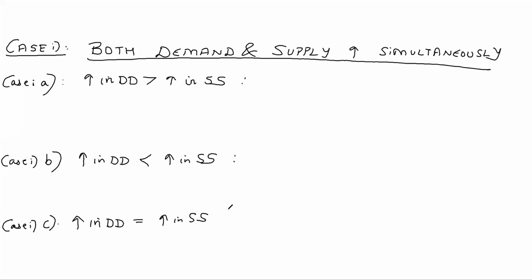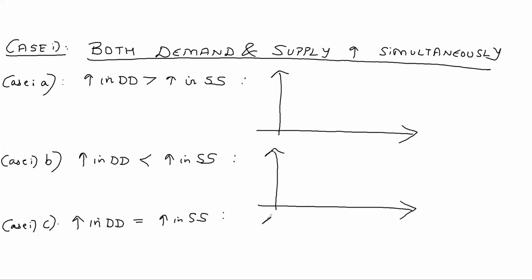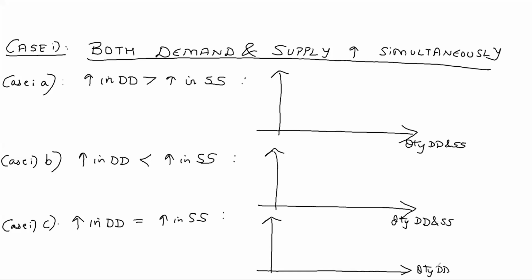So guys, if we draw diagrams, you can see I'm drawing 3 diagrams on the screen. In all these diagrams, quantity demanded and supplied is on the x-axis, and price is measured on the y-axis.